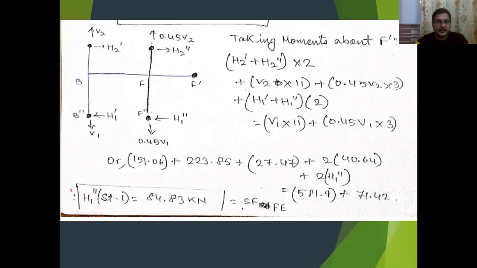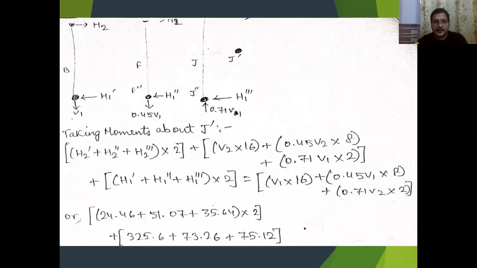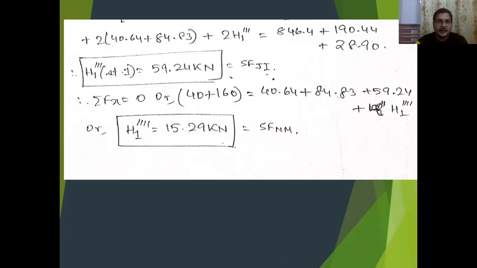Also H1 double dash, if you check, the symbols and the directions have changed. Even the actual forces, their directions have changed. So H1 double dash, H1 triple dash, and finally H1 dash 4. So see, 40 plus 80 plus 80. This is the sum of the three lateral forces which we have considered when considering floor level 1.